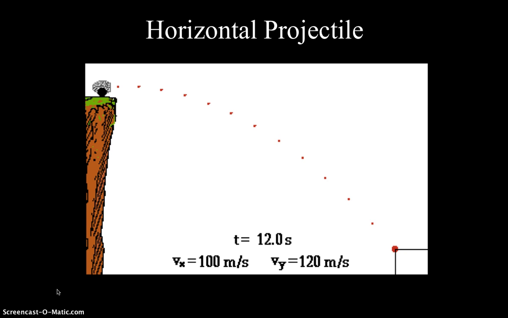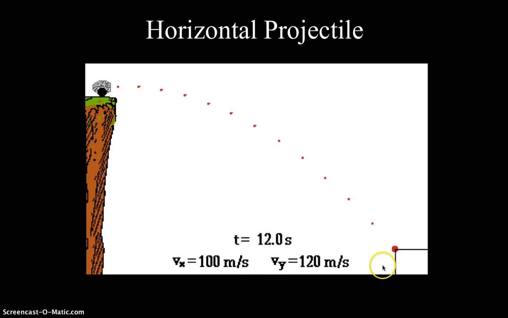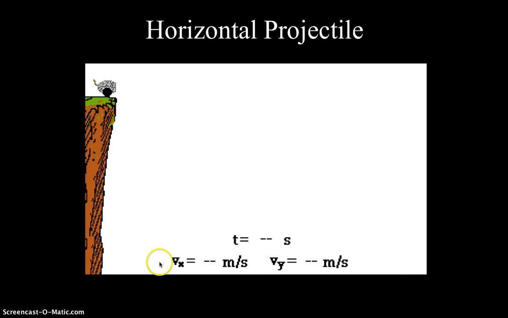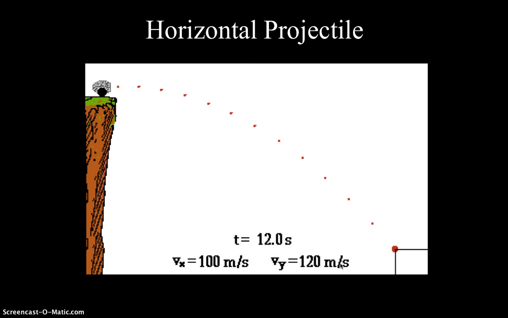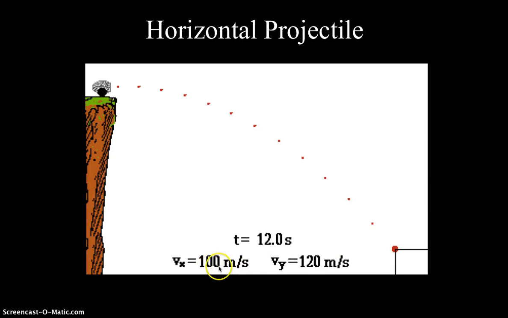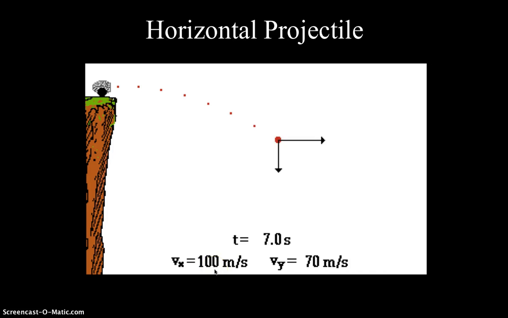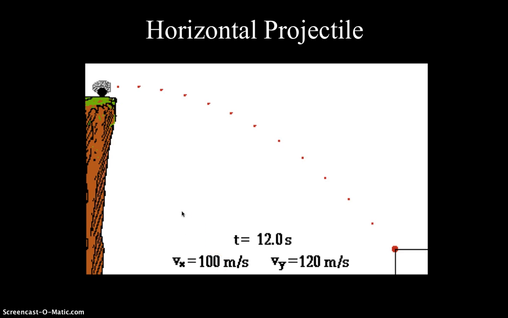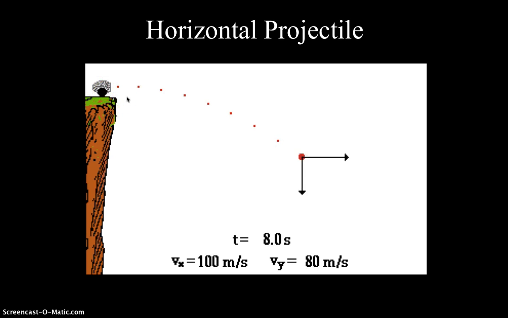As the cannonball flies through the air, time is elapsing. One thing you should also take notice of is that on the bottom here there is an x velocity and a y velocity. In the x velocity, the cannonball is shot out at a speed of 100 meters per second. But that speed doesn't change as it falls into the canyon, because there are no other forces in the x direction to act on the cannonball.